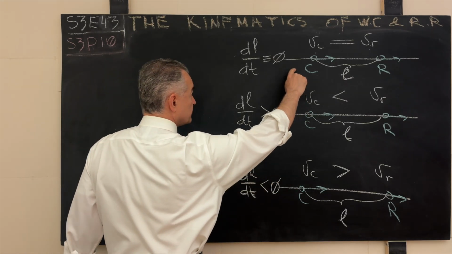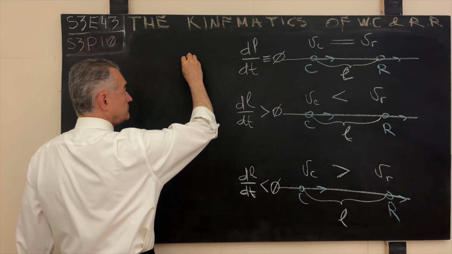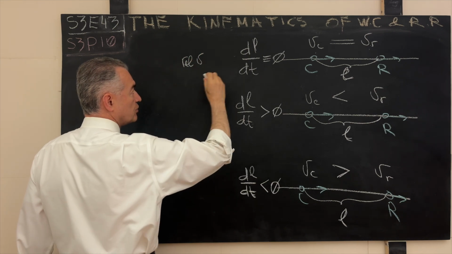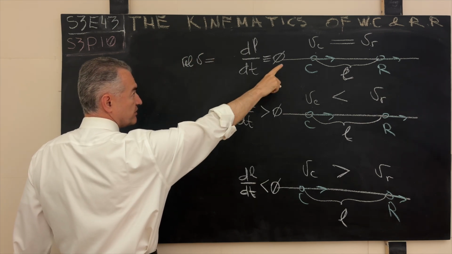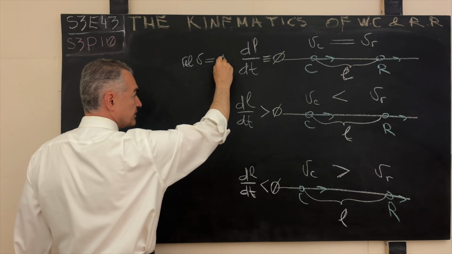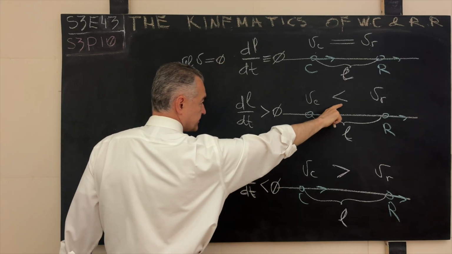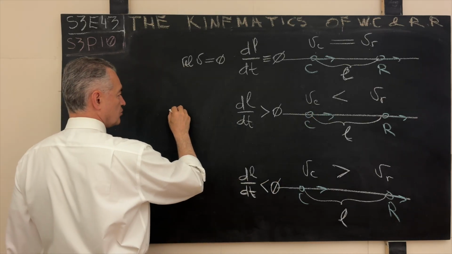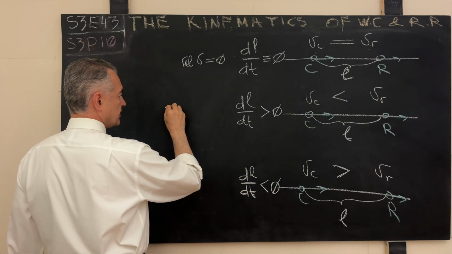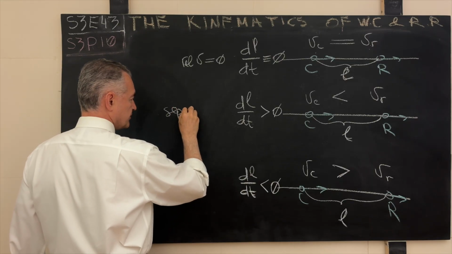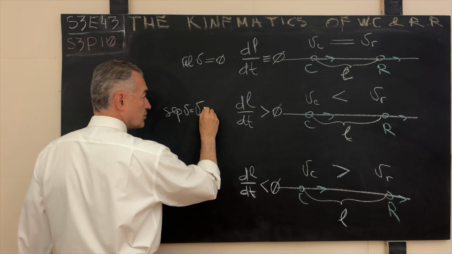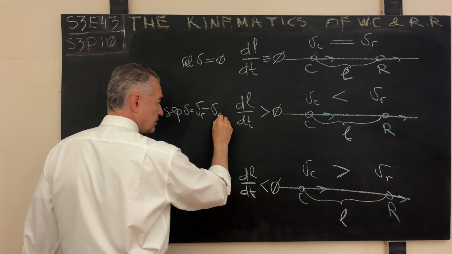Now, in this case, what is the relative velocity of one point with respect to another when the velocities are the same? It's 0. When the velocity of the runner is larger than the velocity of the chaser, what happens to the separation velocity? From the larger velocity, Vr, we subtract the velocity of the chaser.